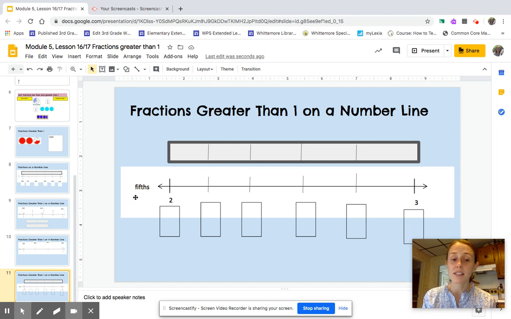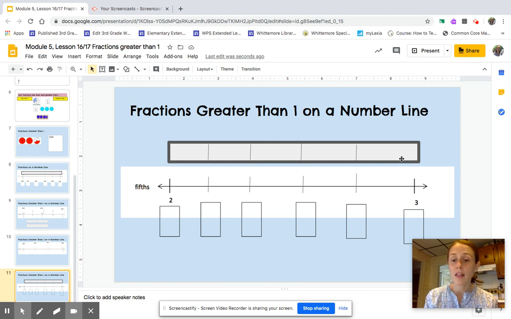All right, my final fraction number line for you. Take a look. Let's see. This number line is being split into fifths, and it is starting at the number 2. 2 wholes. It's not starting at 0. It's not starting at 1. So I need to pay really close attention to that, and I need to think to myself, how many fifths make up 2 wholes?